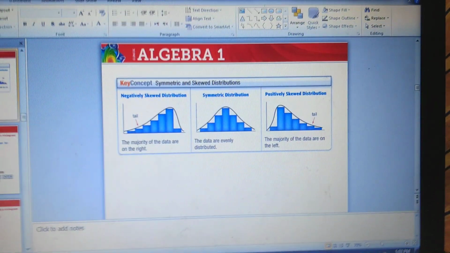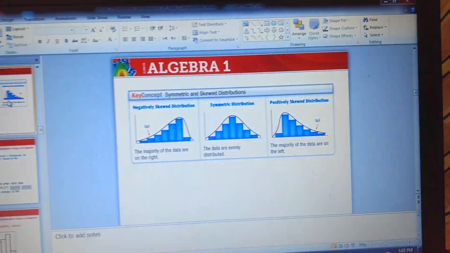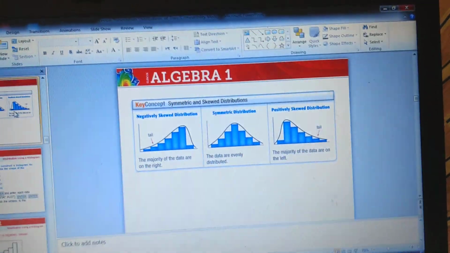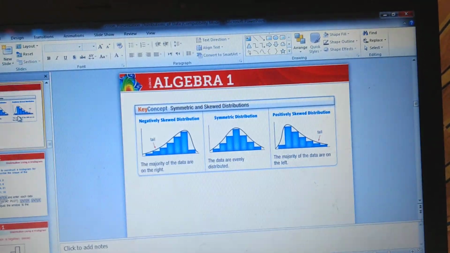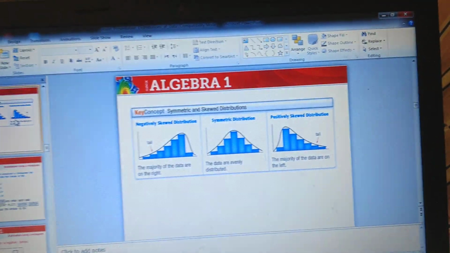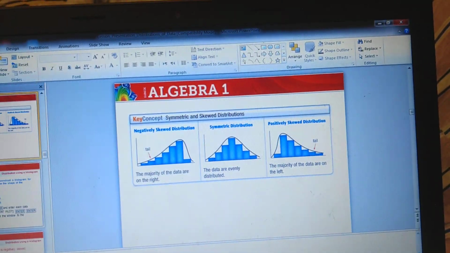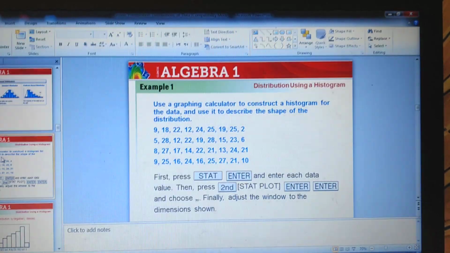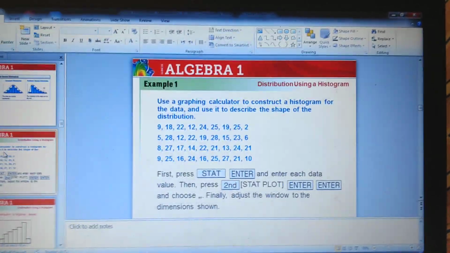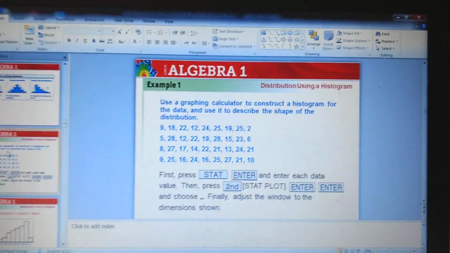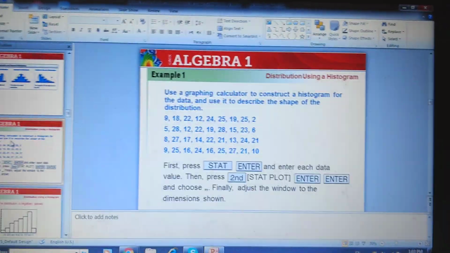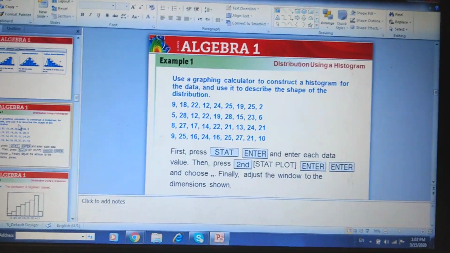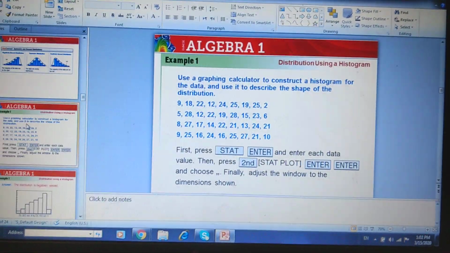Okay, boys, after I know the three kinds, negatively skewed distribution, symmetric distribution, and positively skewed distribution, we are going to look at this example. Here, of course, he gives me data, and as you see in the question, he says to use a graphing calculator. Of course, we are not going to use it, but I only want to show you the steps.